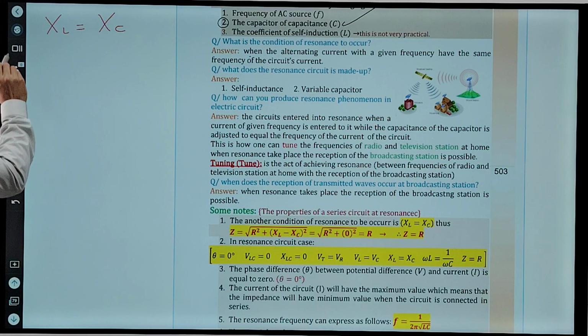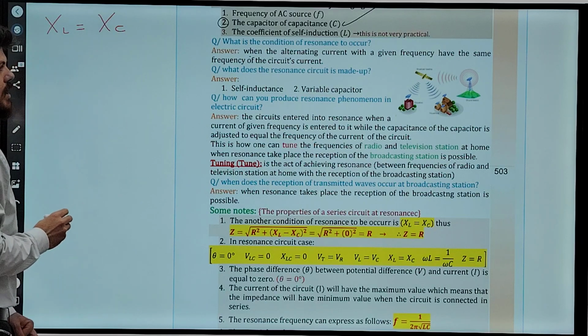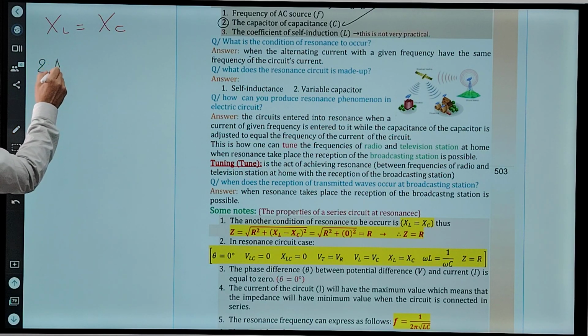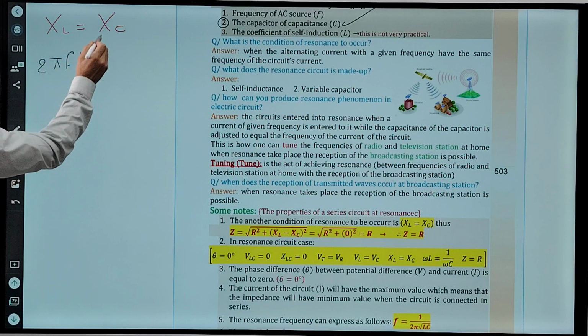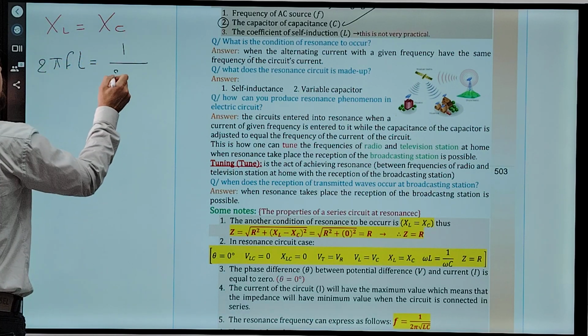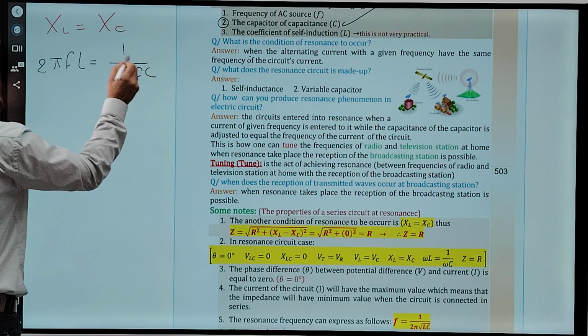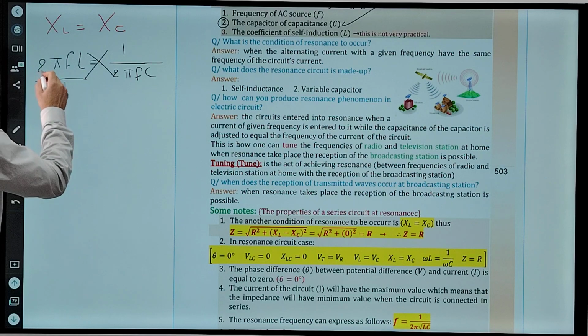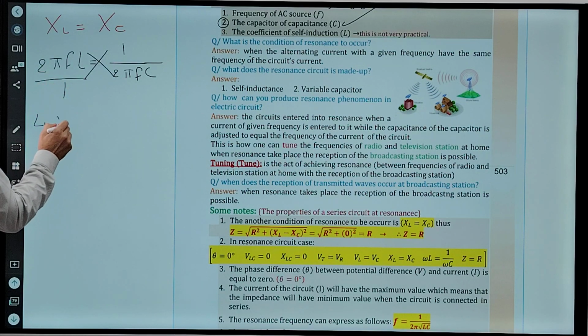One of the conditions of the resonance is XL equals XC. As you know, XL is equal to what? 2 pi FL. What about XC? 1 over 2 pi FC. Cross product: 2 times 2, 4.